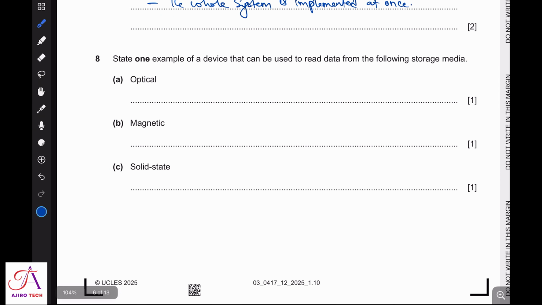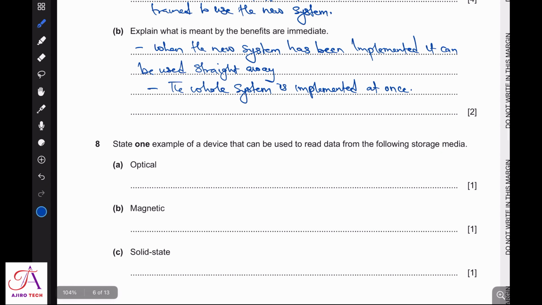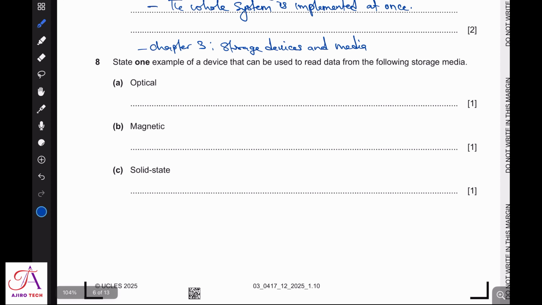And let's talk about question 8. State one example of a device that can be used to read data from the following storage media. Okay, so this is chapter 3, storage devices and media. Let's give an example of one device that can be used to read, keyword there, read. So we have the CD or DVD reader.